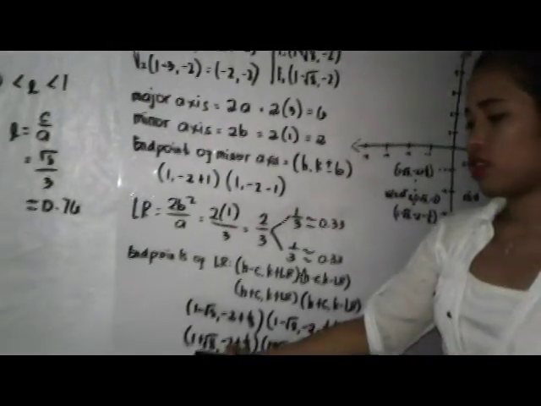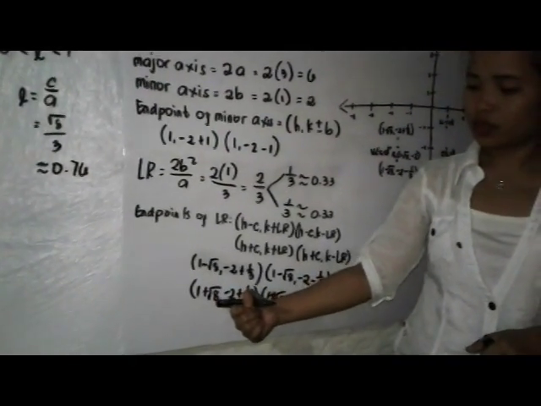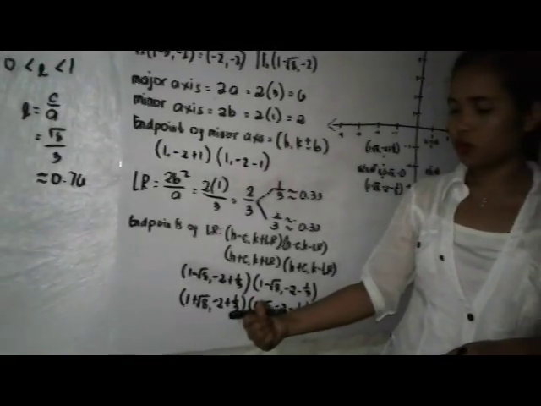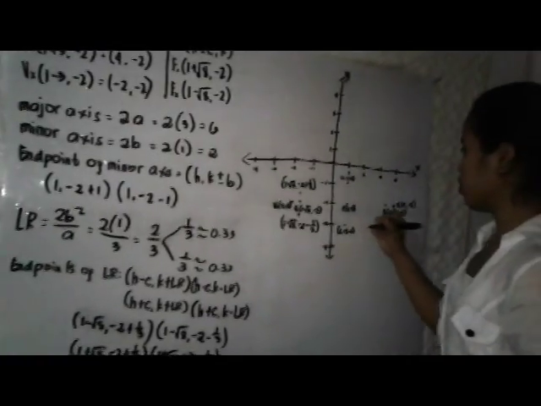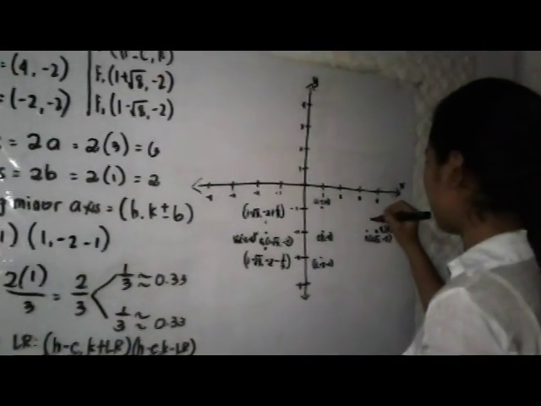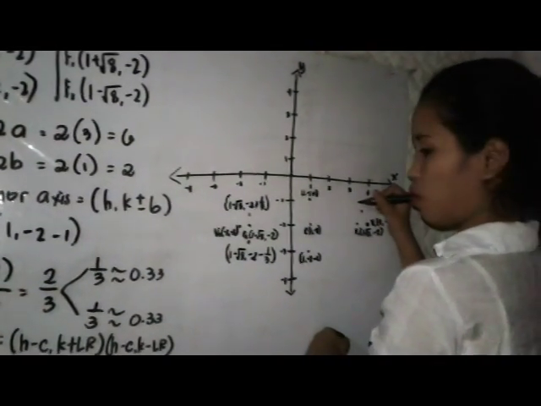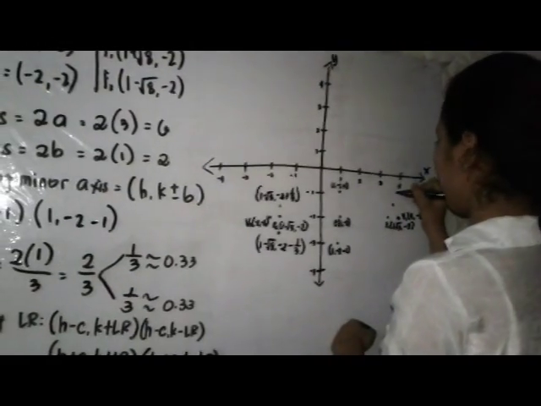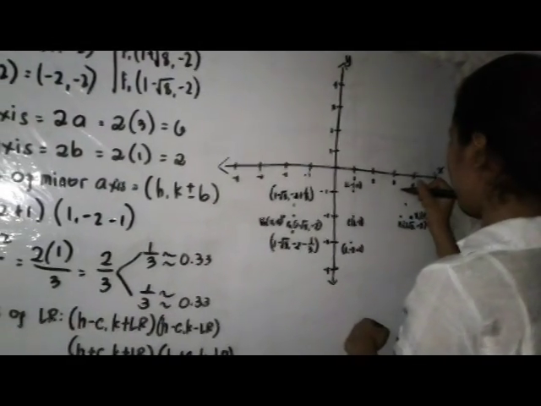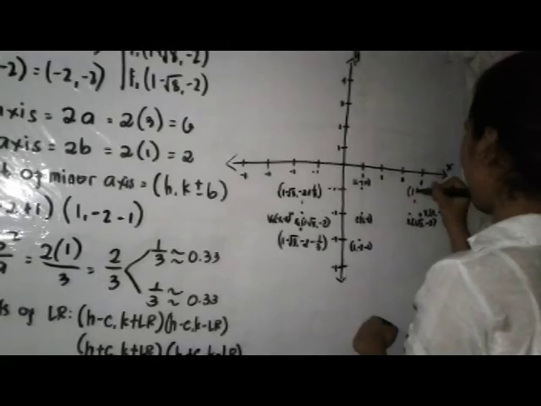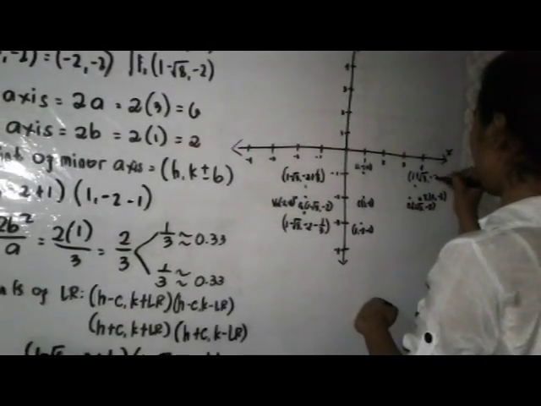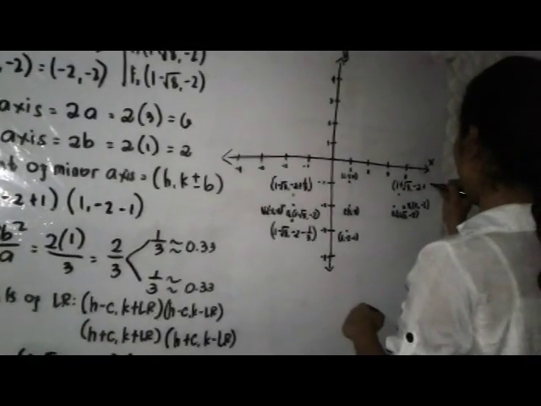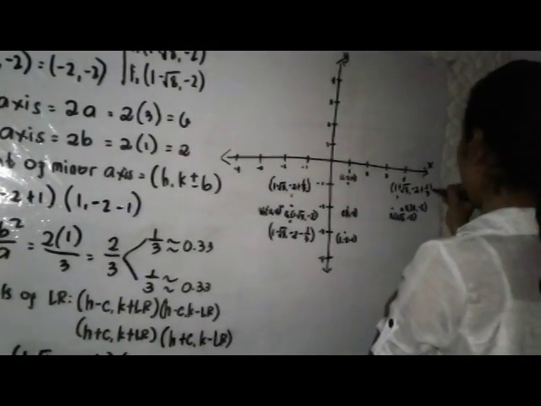And the third one is the positive 1 positive square root of 8 and negative 2 positive 1 over 3. So this is our endpoints of latus rectum. The third one is the 1 positive square root of 8 and negative 2 positive 1 over 3.